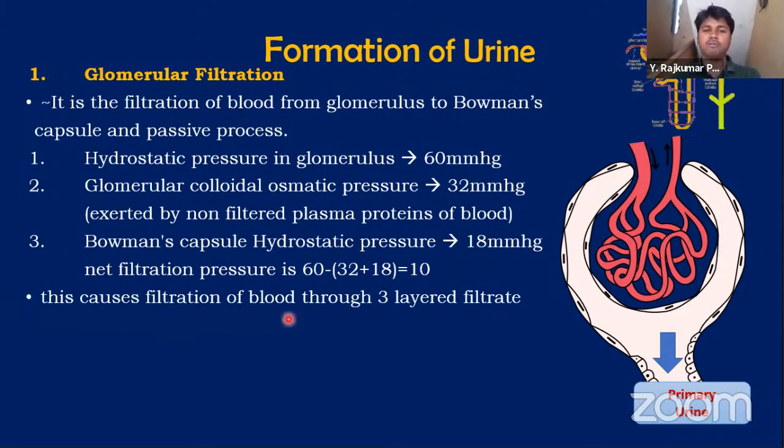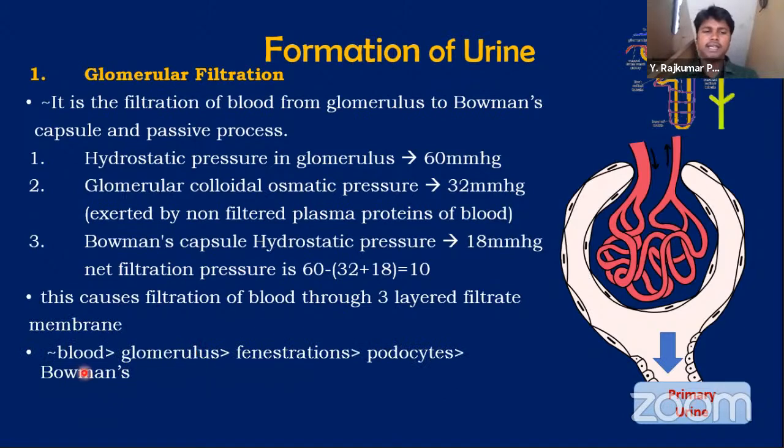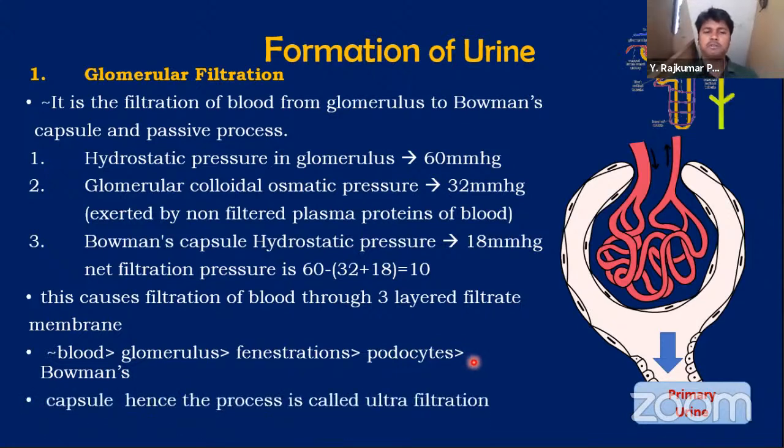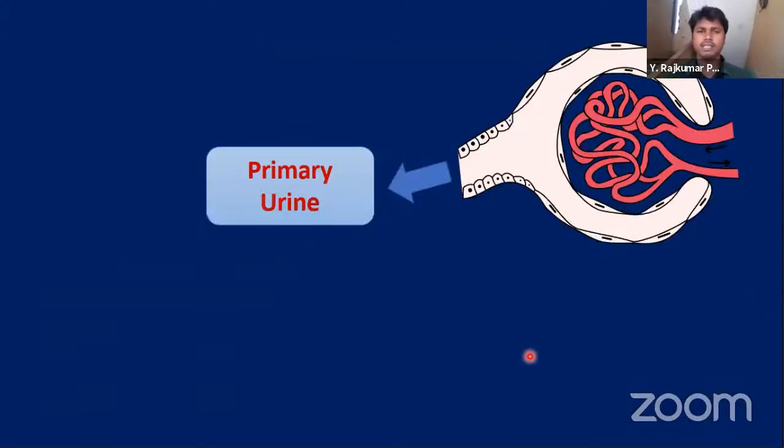This causes the filtration of blood through a 3-layered filter. Blood goes to the glomerulus, and from the glomerulus through fenestrations, which are small minute holes, it is filtered. From fenestration it goes to the podocytes, which are specialized cells in the Bowman's capsule. Hence the process is called ultrafiltration.